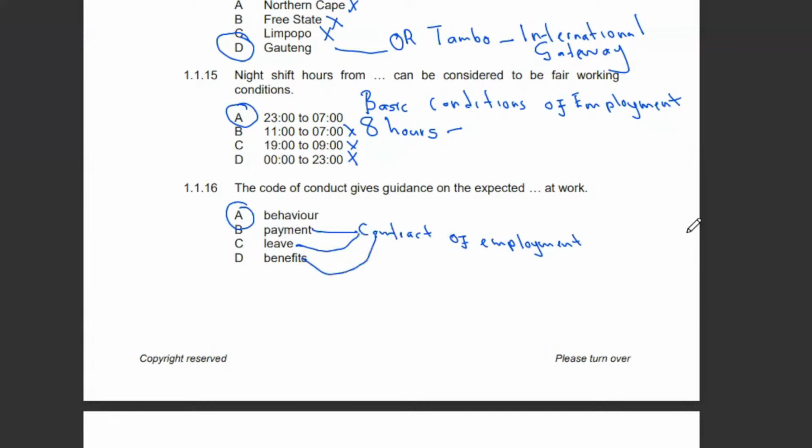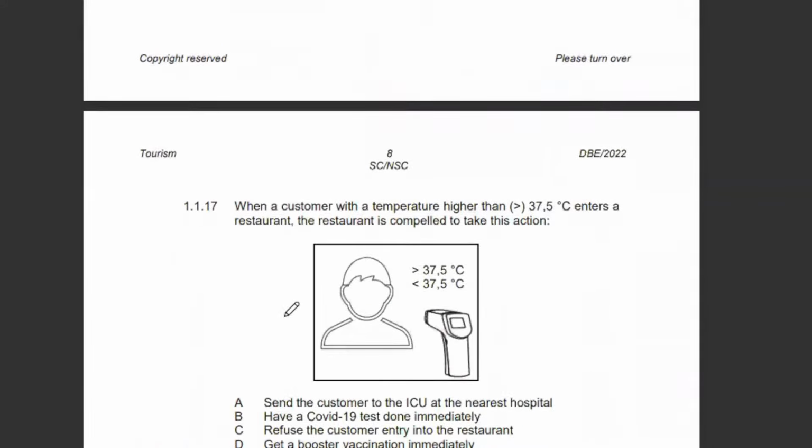These are stipulated in the contract of employment. So we eliminate them. Then we are only left with one option, which is the Code of Conduct. It gives guidance on the expected behavior at work. It guides on how employees should conduct themselves when they are at work.